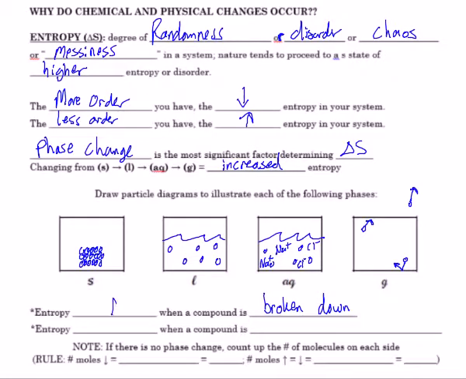So, guys, entropy is going to increase when a compound is broken down. You're releasing all that energy that's in the bonds. So then on the flip side, what's going to happen to entropy when the compound is created or formed? Yeah, chaos is going to go down because things are going to start coming together.